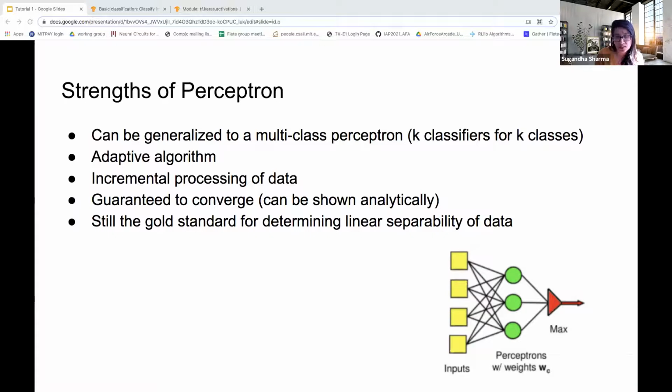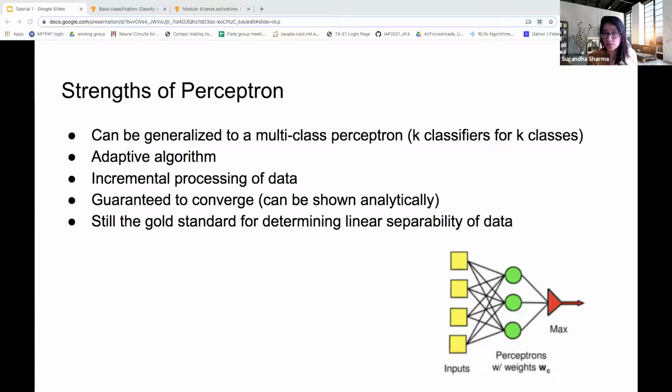So for instance, if this has the highest activation, then we assume that the data point lied in class 1. If this was the highest output, then the data point lied in class 2, and so on. So rather than just classifying the data into 2 classes, we can generalize it to classify data into multiple classes.